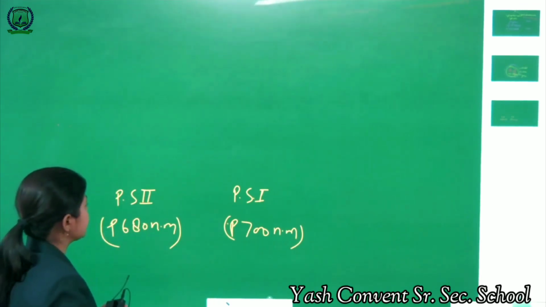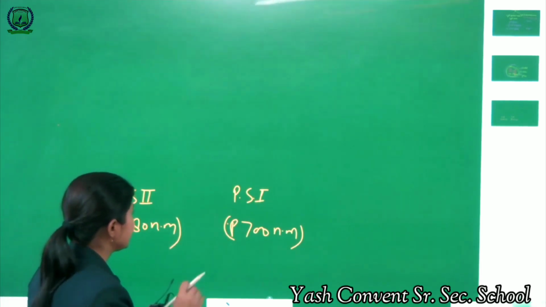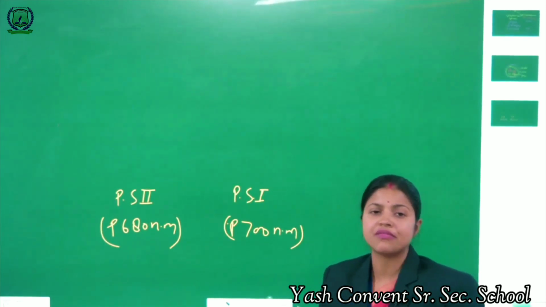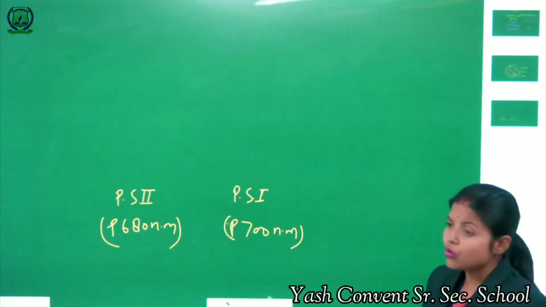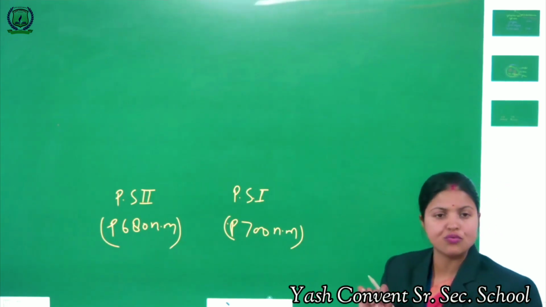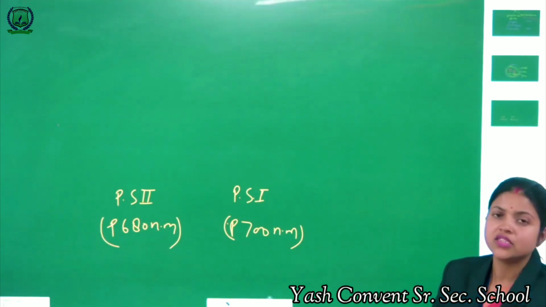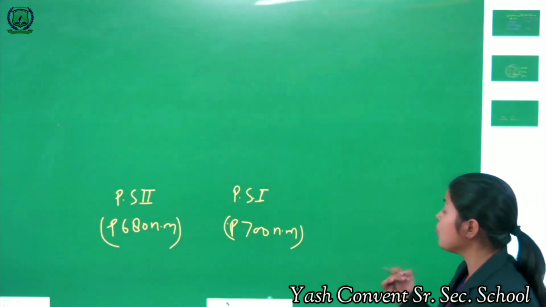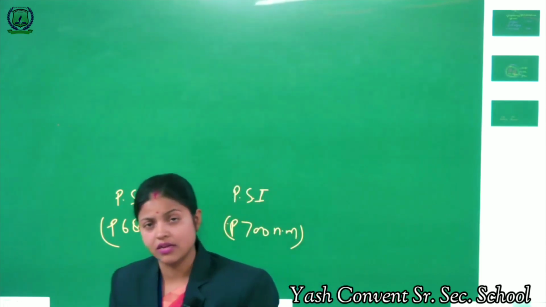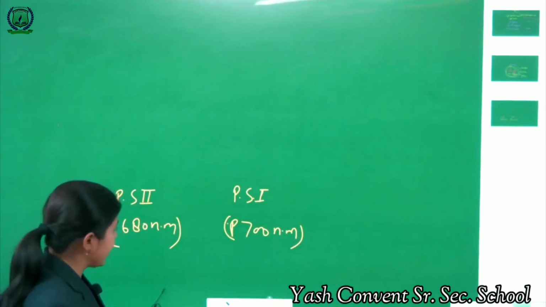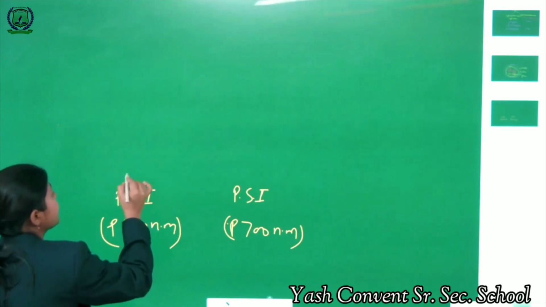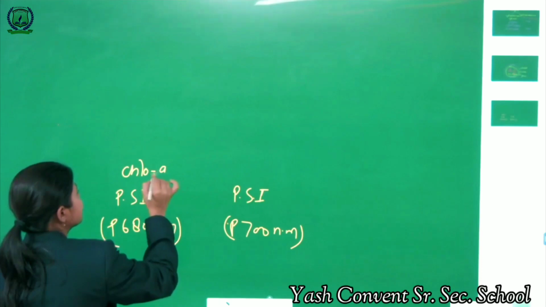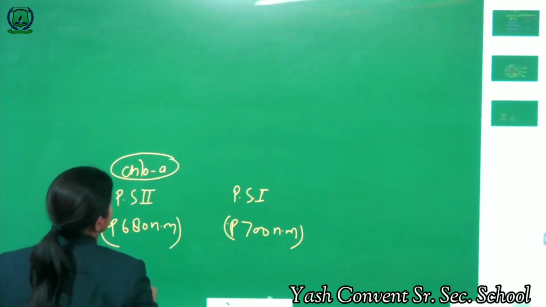In photosystem second and photosystem first, there are chlorophylls present in the granum, and chlorophyll is of four types: chlorophyll A, chlorophyll B, xanthophyll and carotenoid. Chlorophyll A is more active compared to the others and absorbs more sunlight, so chlorophyll A is more responsible for photosynthesis.